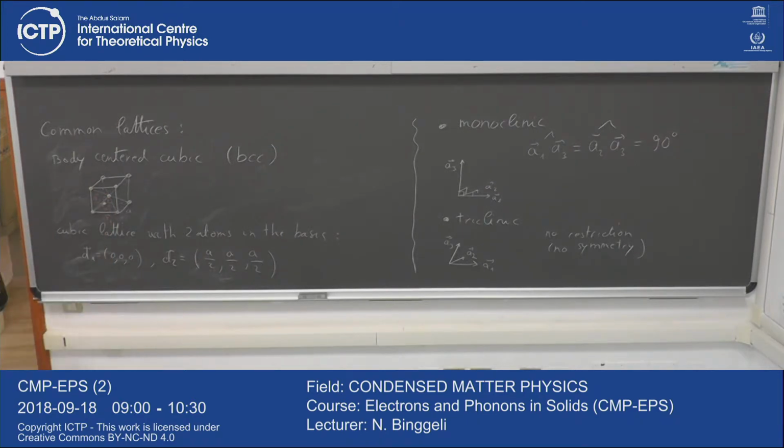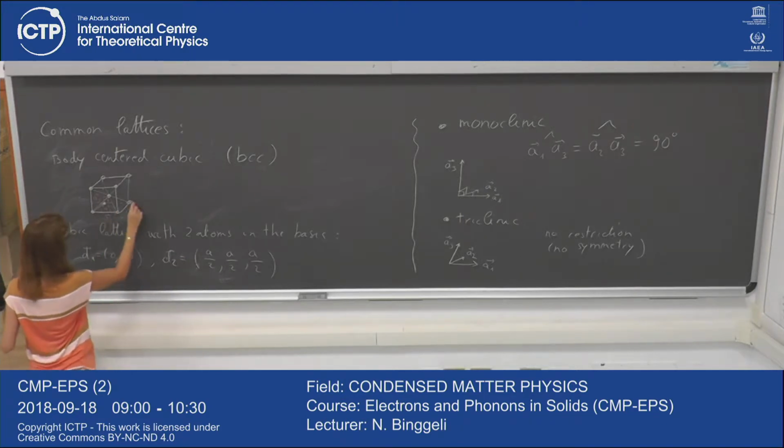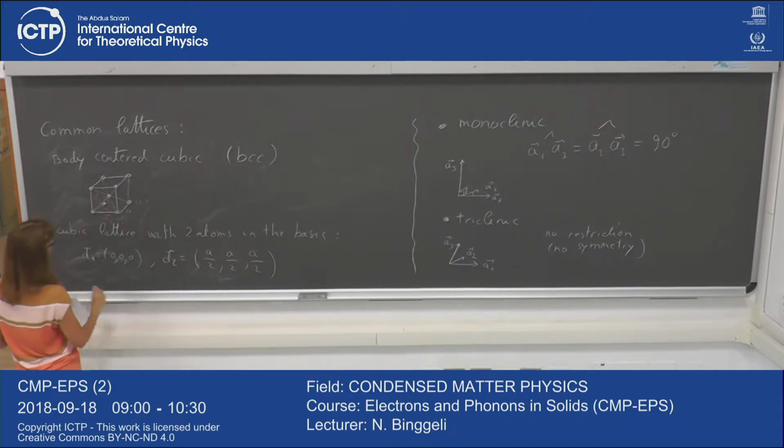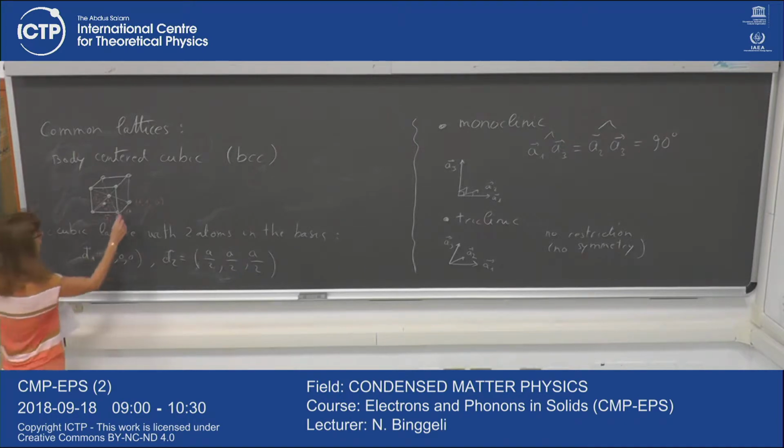So if one does that, one can generate the full lattice. All the points can be reached by n1 A1 plus n2 A2 plus n3 A3. For instance, this point obviously is 1 times A1 plus 1 times A2, 0 times A3.